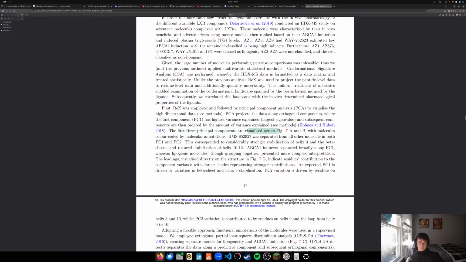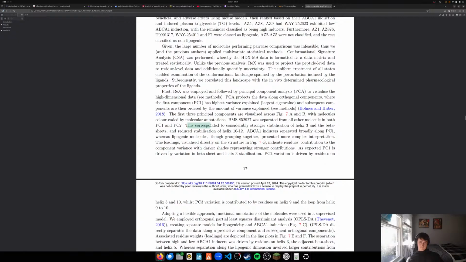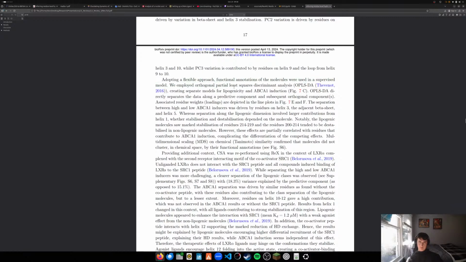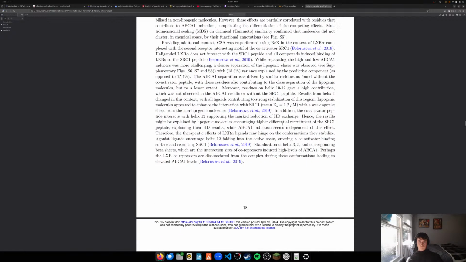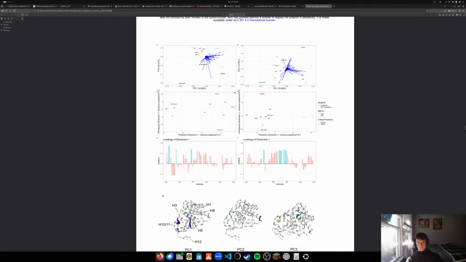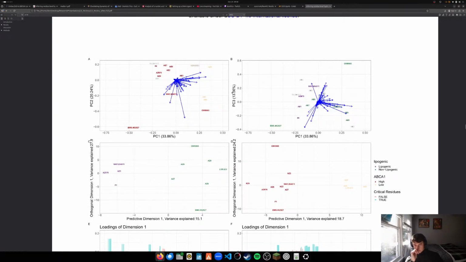The first three visualized with molecules color-coded. It's corresponded. Okay. This is hard to read.